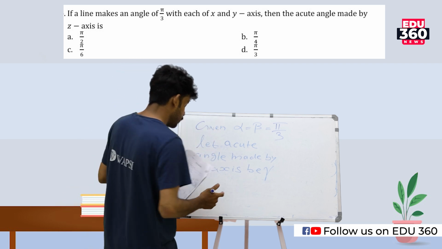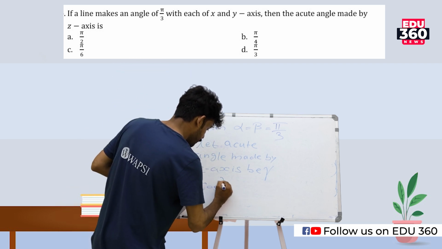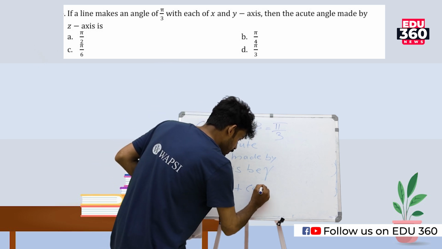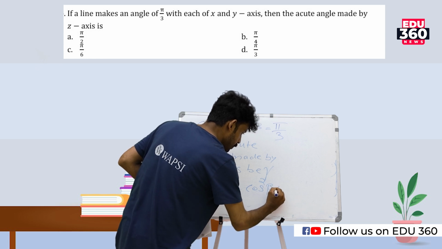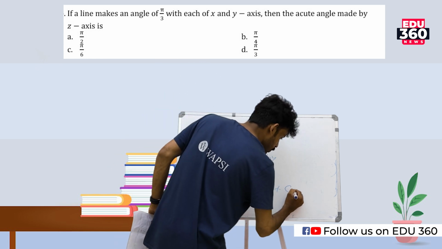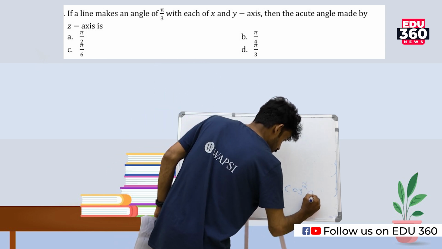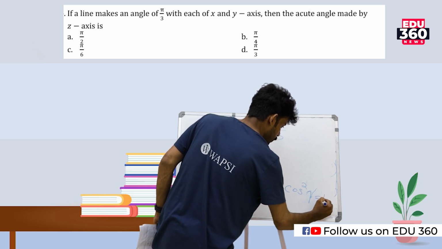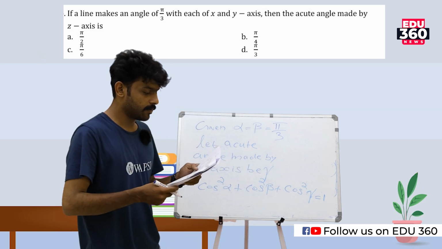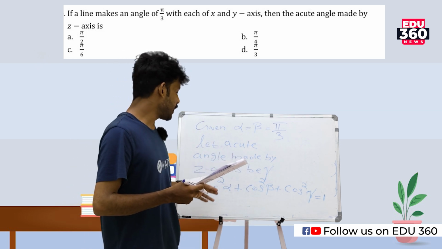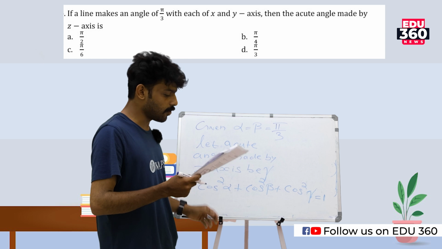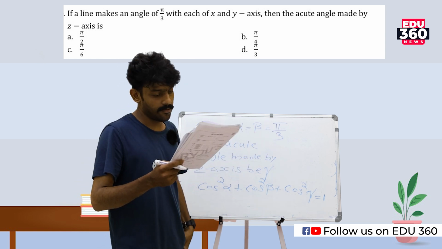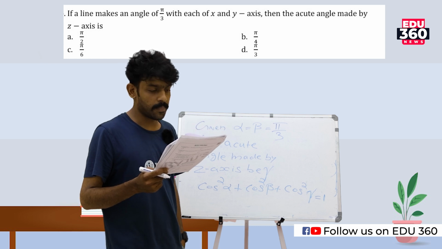So cos square alpha plus cos square beta plus cos square gamma is equal to 1. What is the value of cos square alpha? Alpha and beta are equal to pi by 3, so that is 1 by 2.